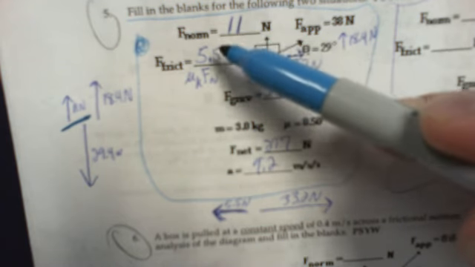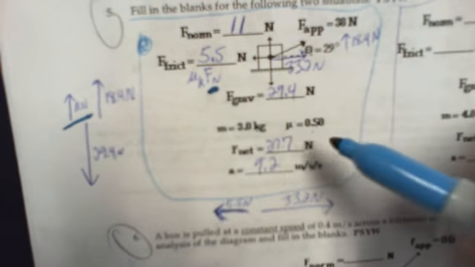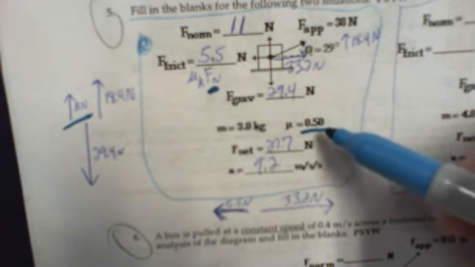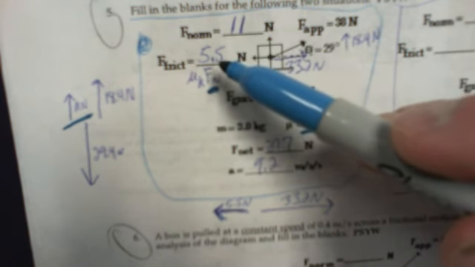Now that I have this, I can take your normal force, using your friction equation, and multiply it by the coefficient of friction, which is 0.5. So 0.5 times 11 is just 5.5 newtons. Okay? So you have 5.5 going that way, you have 33.2 going to the right.